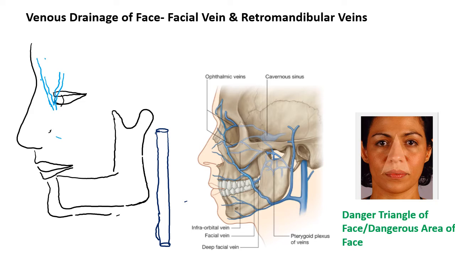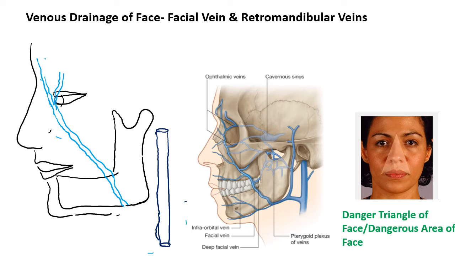Initially, it is the angular vein, and thereafter it follows a straight course all the way to the inferior border of the mandible, where we saw the facial vein along with the facial artery and the marginal mandibular branch of the facial nerve.